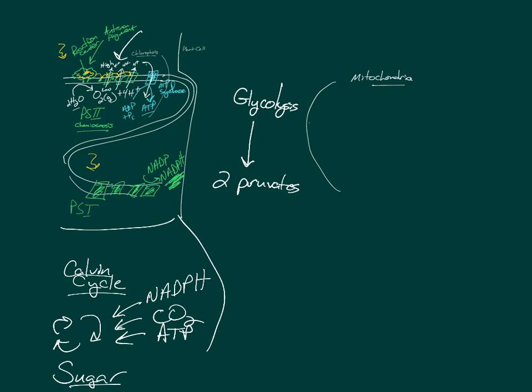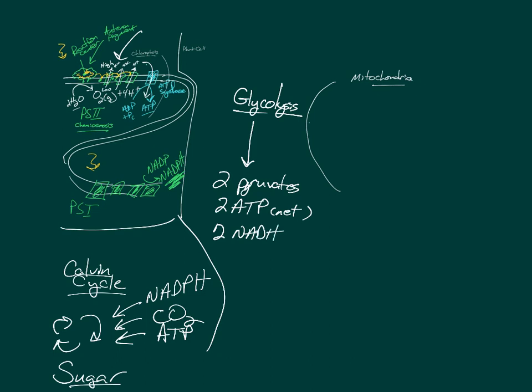Glycolysis, it is called glycolysis. I'm just saying it so that you remember glyco means sugar, lysis means break. I'm just trying to emphasize the definition. But you're right. So you're making two ATPs net, right? And you're making two NADHs.